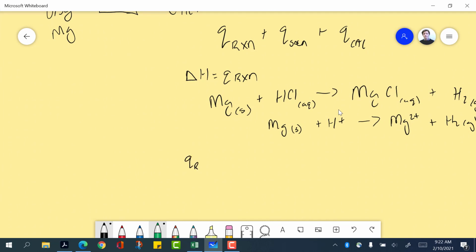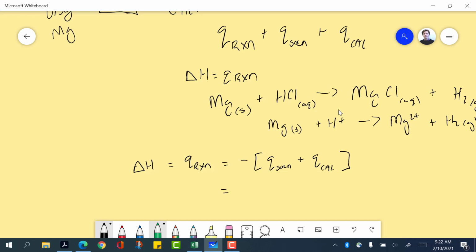The heat of the reaction, or the delta H, is going to be the heat associated with the solution that's formed plus the heat going to the calorimeter.